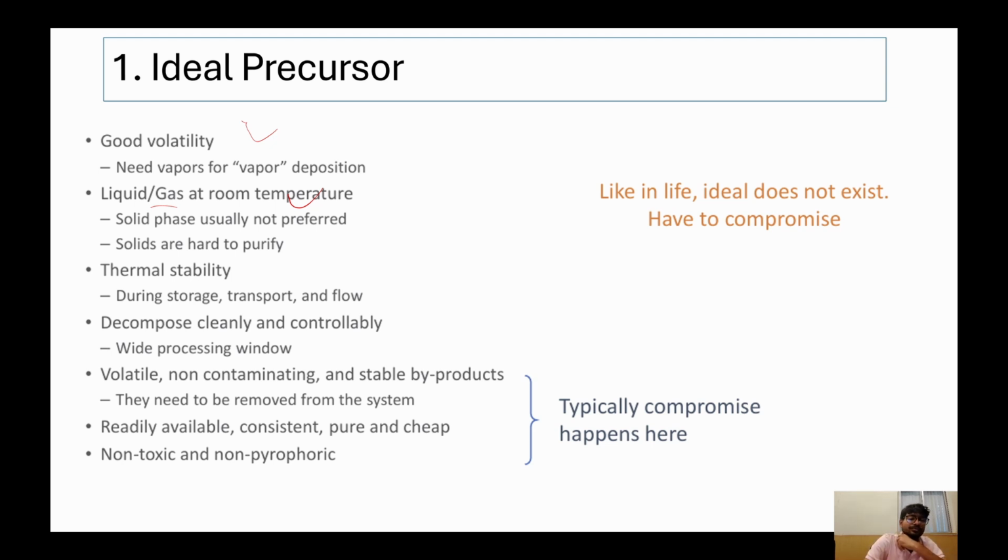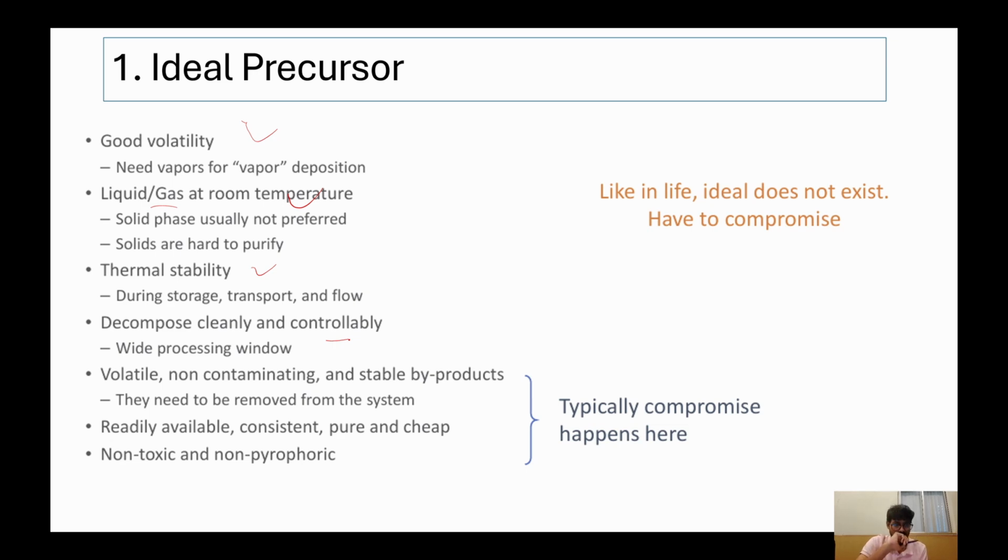Okay, and thermal stability. It should be thermally stable, because while transporting it there are some temperature fluctuations, and because of that it should not degrade. Or flow out and decompose cleanly and controllably.